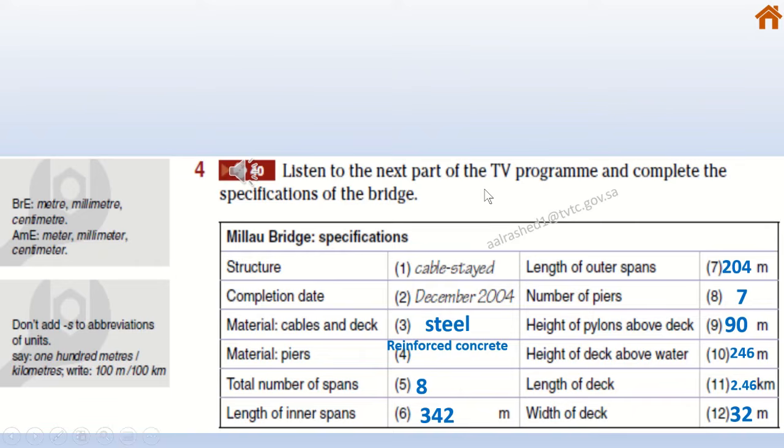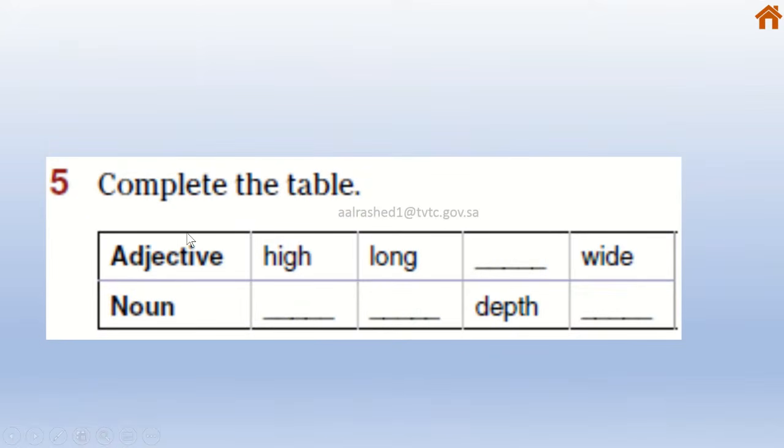Okay, let's continue. Here in exercise 5, we need to complete the table. So this is a table. We have adjective and noun.